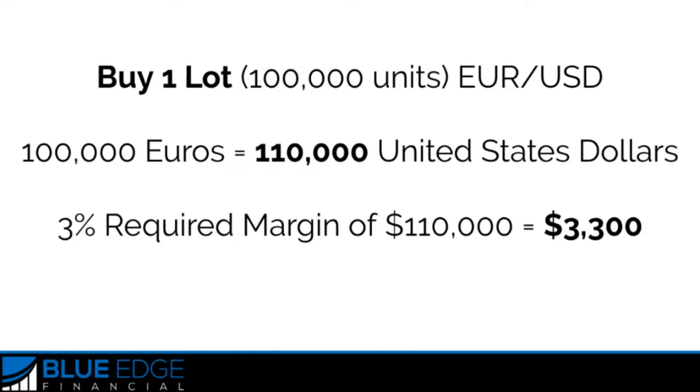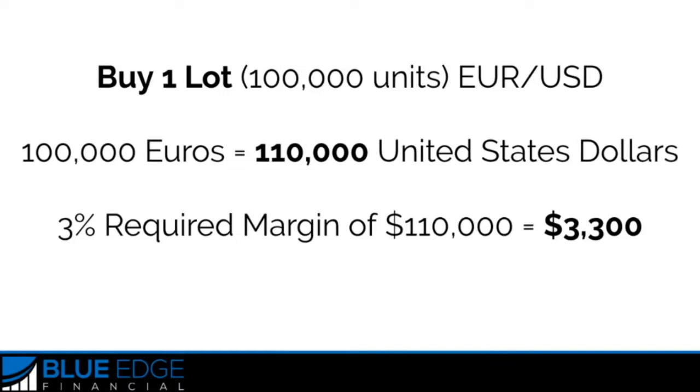So for example, if you bought 100,000 units of Euro USD, as you can see here, so you bought one lot of Euro USD, you would need to convert that to USD because the first one listed is the Euro, not the USD, in this pair. So you would have to take 100,000 euros and convert it to the United States dollar. Let's say that the exchange rate is 1.1.